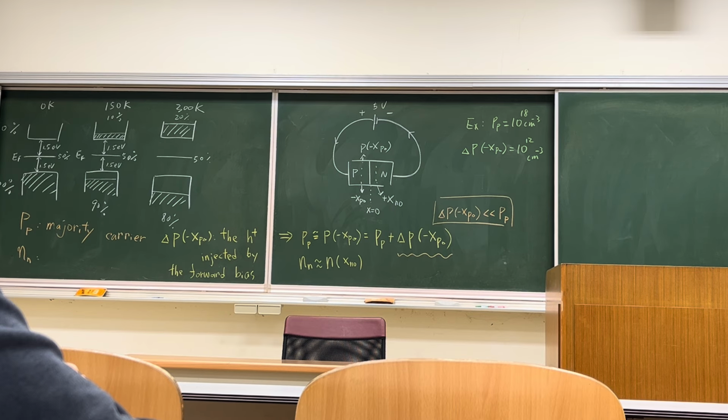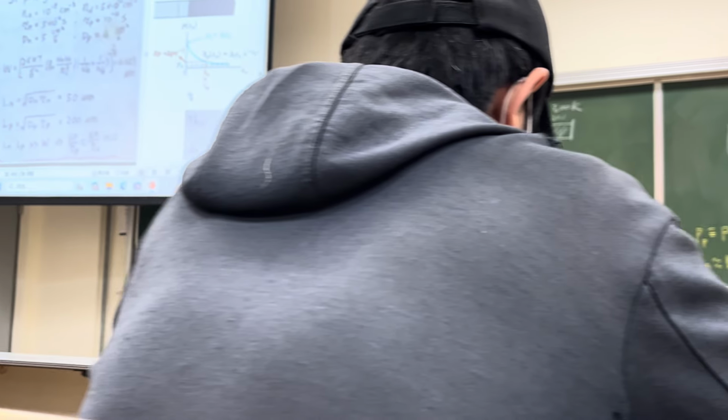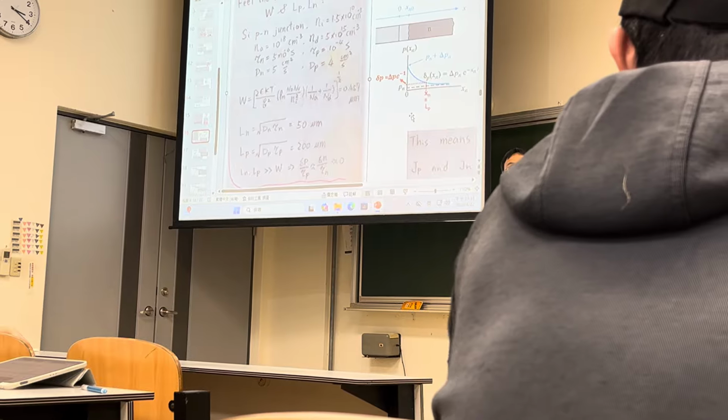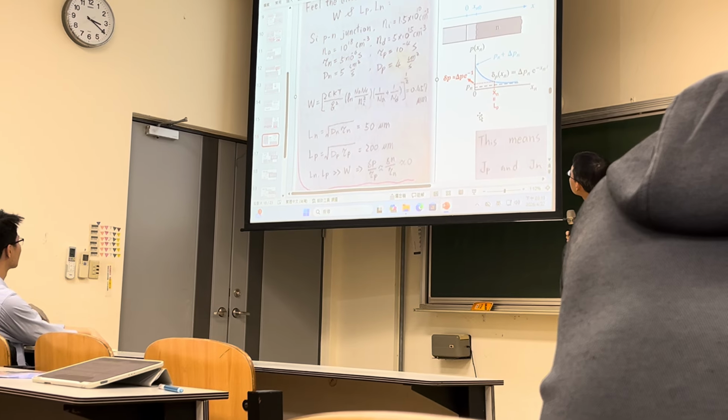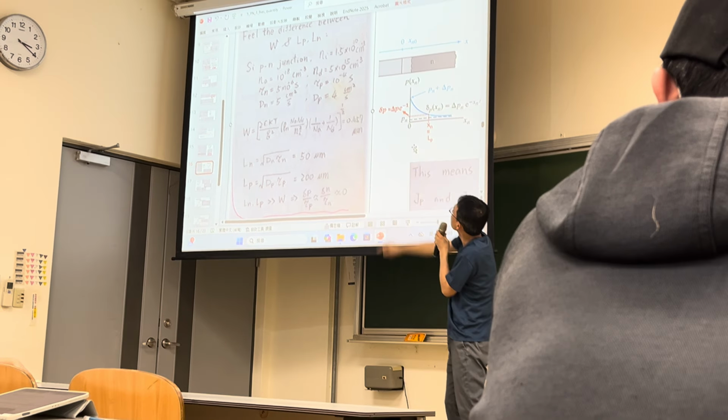What do you mean by a diffusion length of 50 micron? We covered this a couple of weeks ago, before the exam, right? What is the diffusion length? That's the hole concentration. Did you see the blue line?